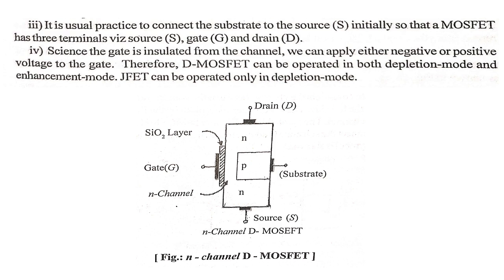Now the name metal oxide semiconductor FET: metal, because for gate, drain and source the metals are connected. Oxide is for silicon dioxide insulator. Semiconductor is for the basic structure on which N-type and P-type are diffused. Since gate and channel are insulated, it is also called insulated gate field effect transistor.